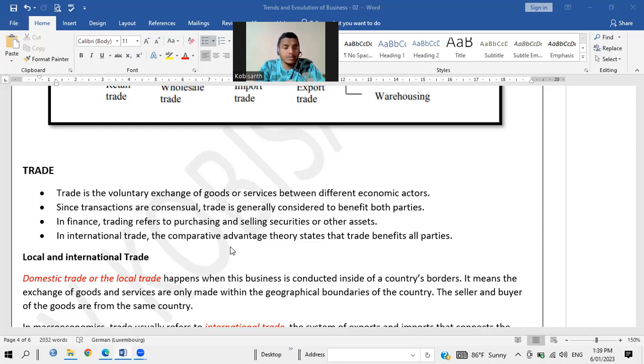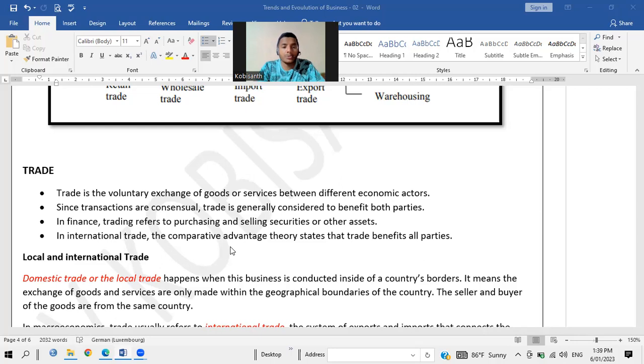In finance, trading refers to purchasing and selling securities or other assets. So trading can happen in two ways. One, you sell goods. We have learned what is goods, and we have spoken about services as well. So financial trading is a service-oriented trading activity.